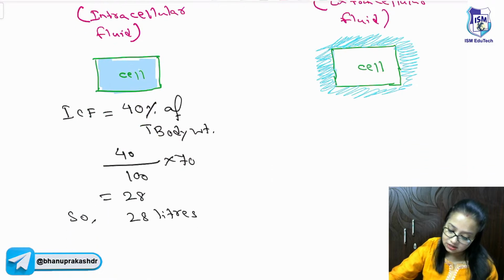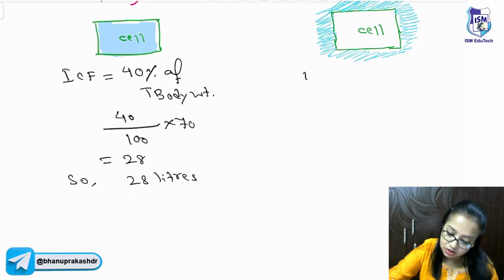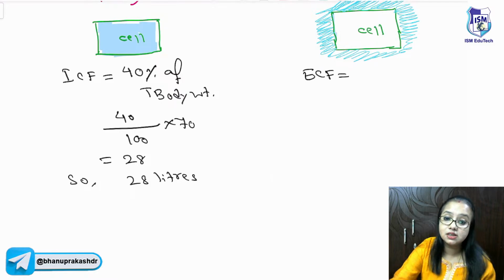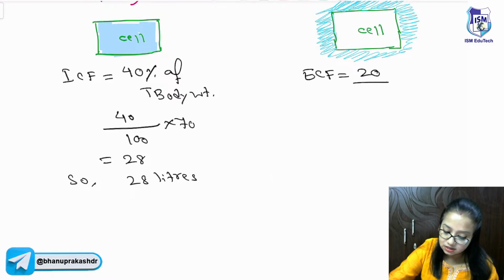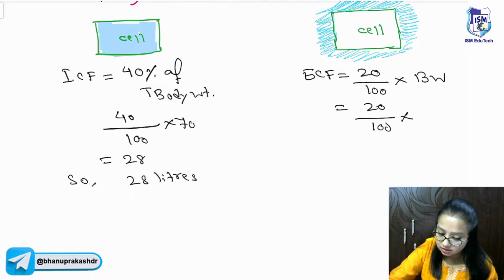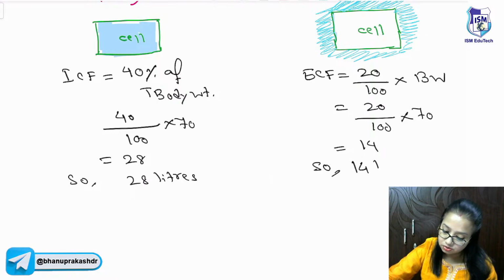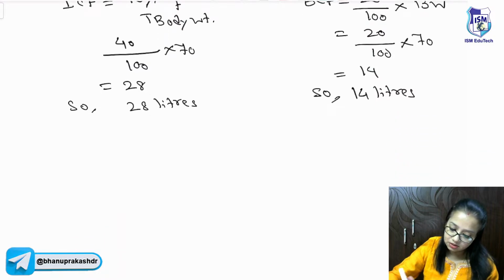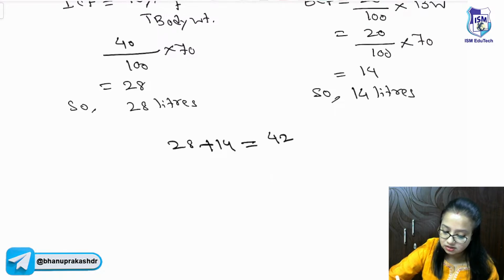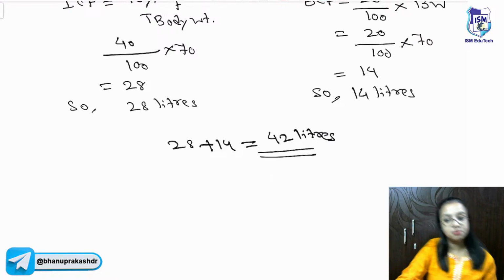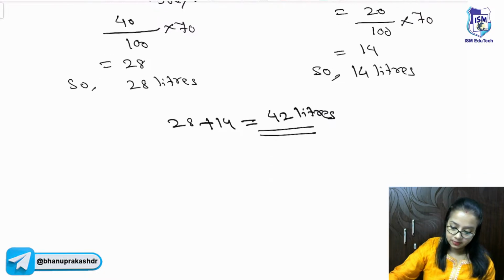Now, the remaining 20% is what the ECF is holding, 20% of the body weight. So, 20 by 100 into 70 is equal to 14 liters. Now, this 28 plus 14 is equal to 42 liters. This is the total amount of body water.